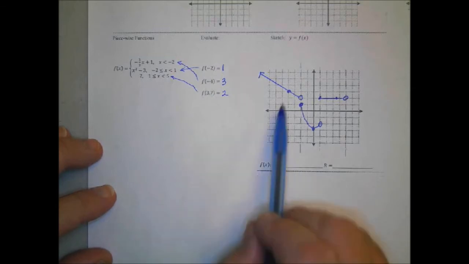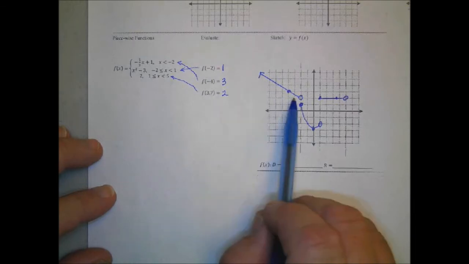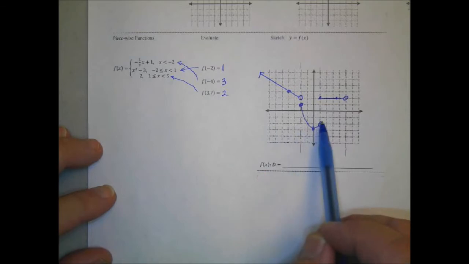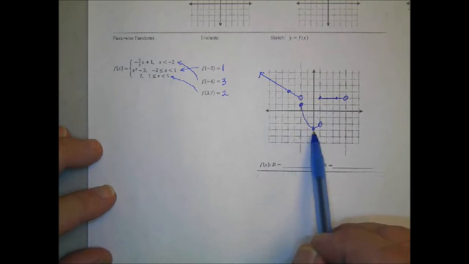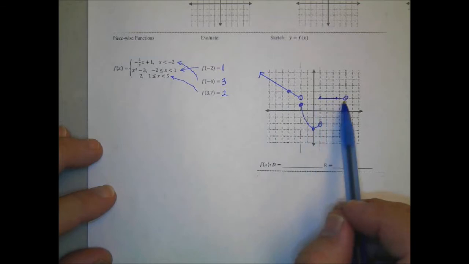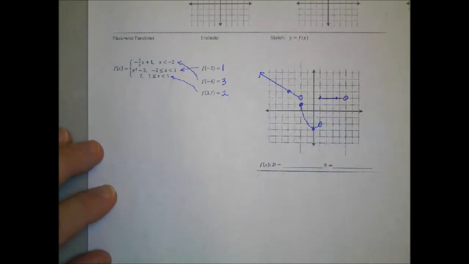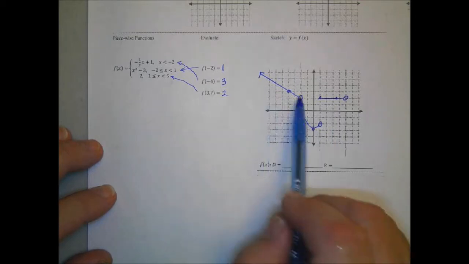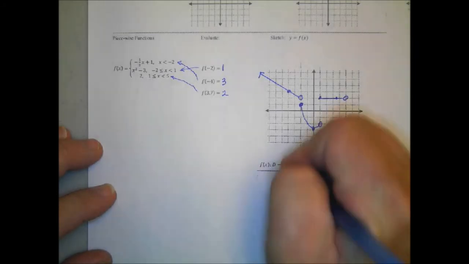The furthest left part is a linear with a -1/2 slope. The middle part is a quadratic that has a vertex at 0, -3. And the last part of it right here is simply a constant. Now the last thing, let's do domain and range. The values of x, it starts definitely at -infinity.